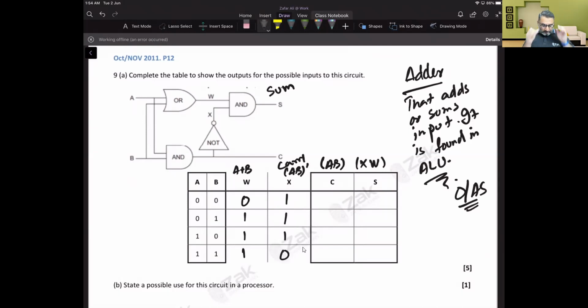Okay. Now C is simply AB. So it is 0, 0, 0, 1, and S is actually X and W. So X and W would be 0, 1, 1, and 0. So since it is an adder, you can see that this is carry and this is sum. What does it mean, sum and carry?